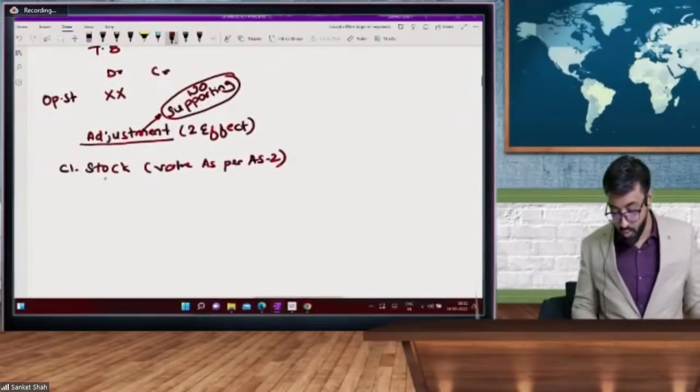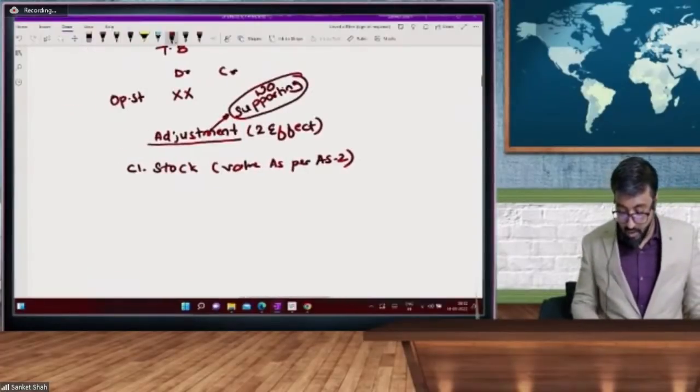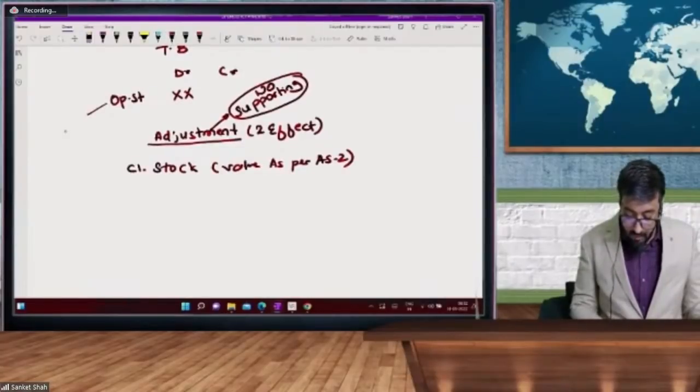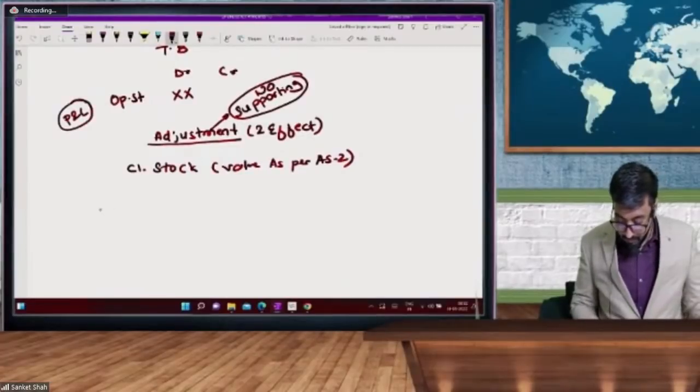Closing stock has two effects: one in P&L, and the second on the asset side.